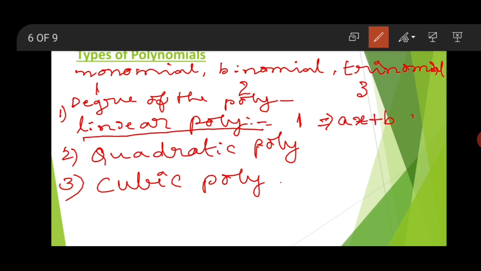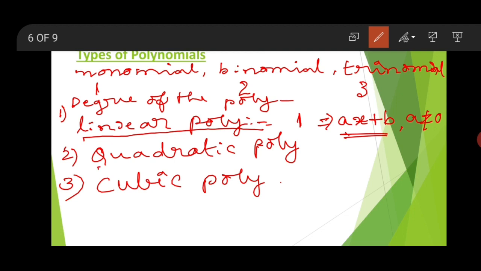Here a is not equal to 0, this is the condition. So the general form of a linear polynomial is ax plus b, where the value of a should not be 0.